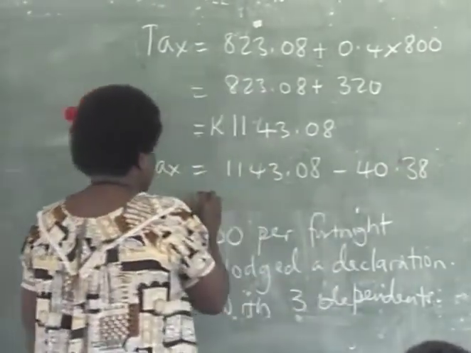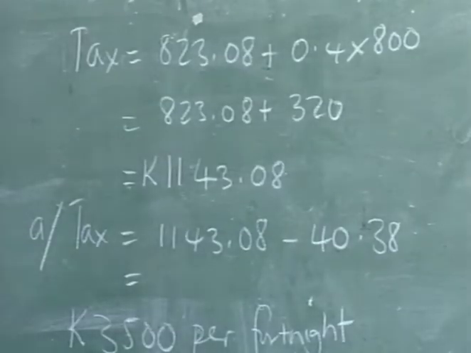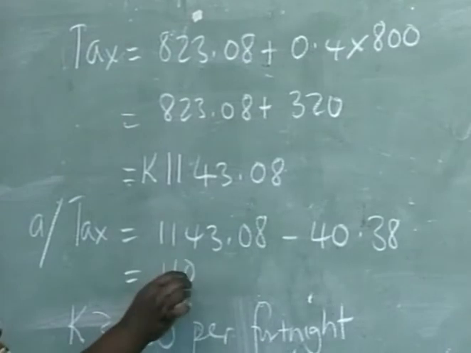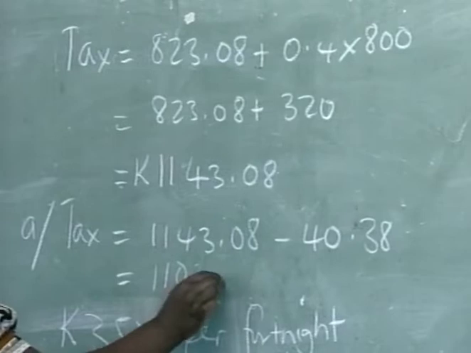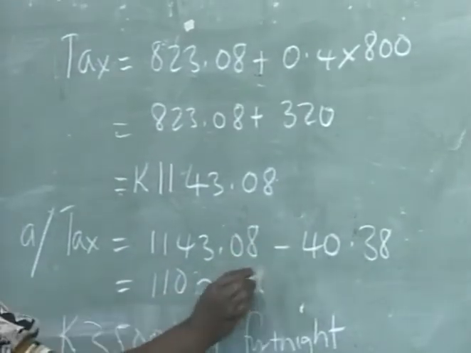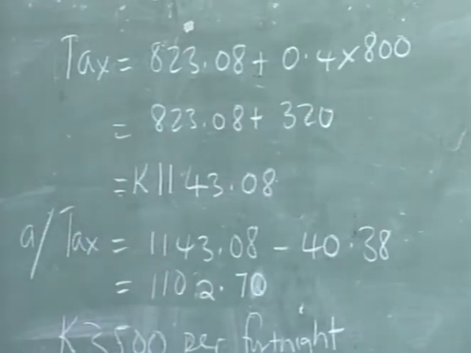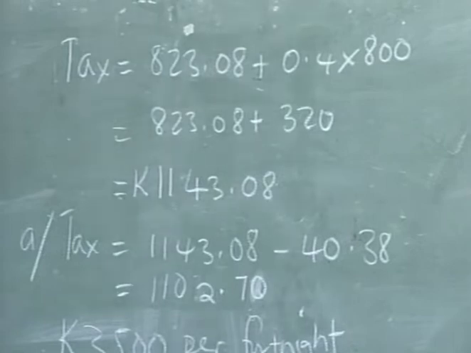I still think that's a lot of money. 1,102, so she actually pays 1,102 kina, 70 toya.